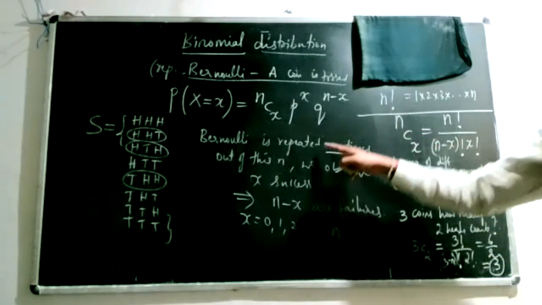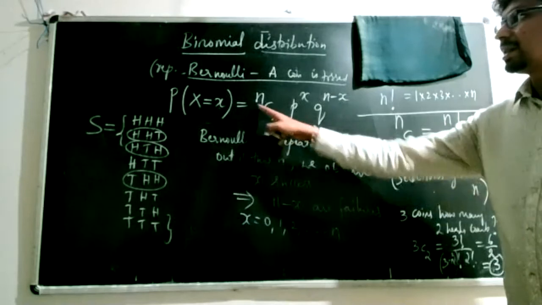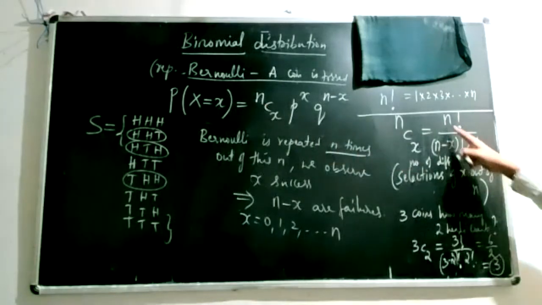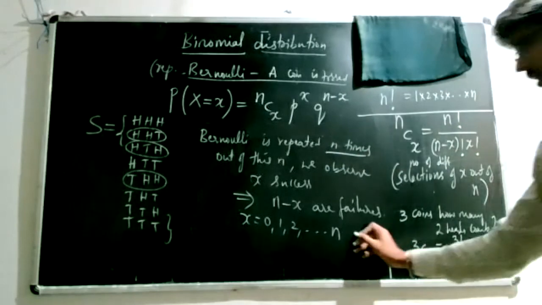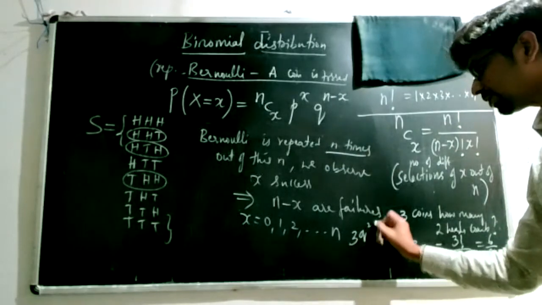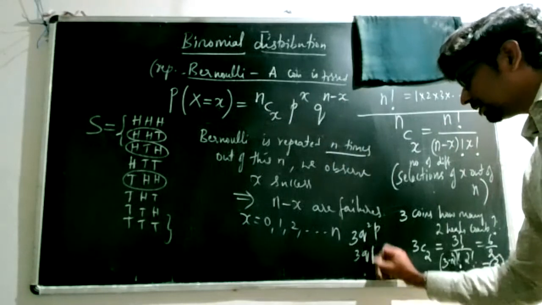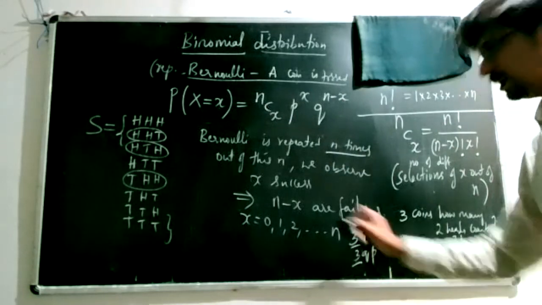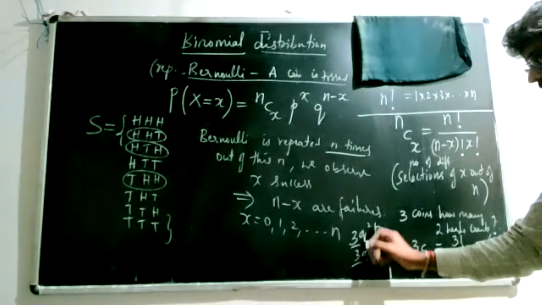So when you're tossing n coins, in how many ways you can observe x successes, that is given by nCx, generally n factorial divided by (n minus x) factorial, x factorial. So if you remember, I wrote 3 q square p, 3 p q square. So this number 3 was actually counted from the sample space when I explained the simple example.